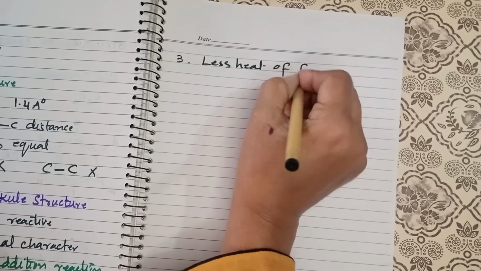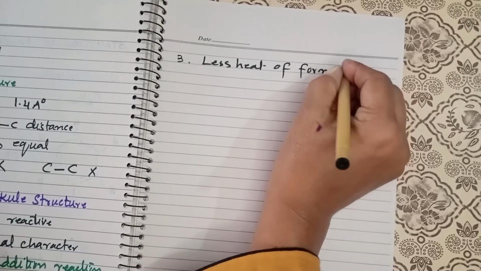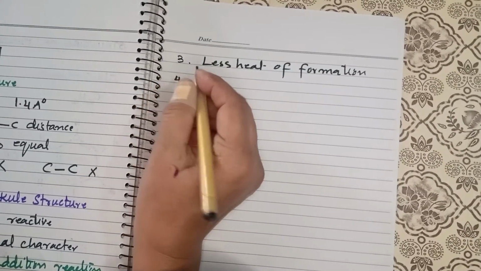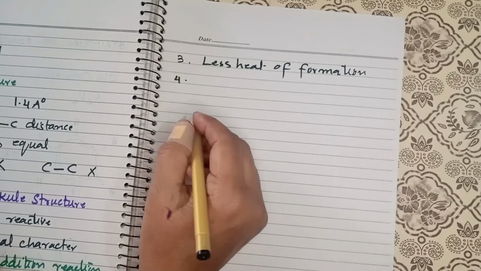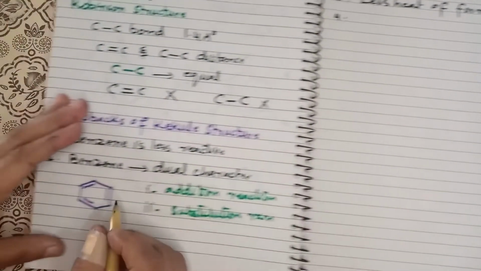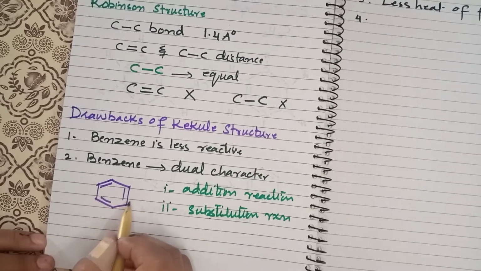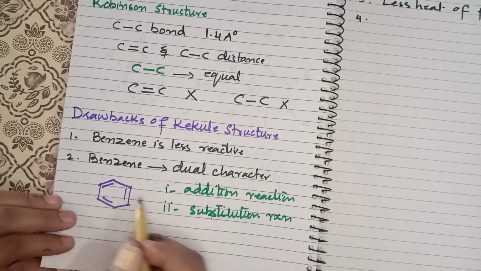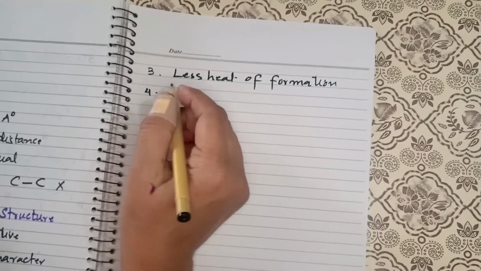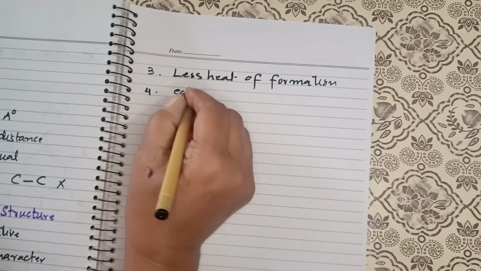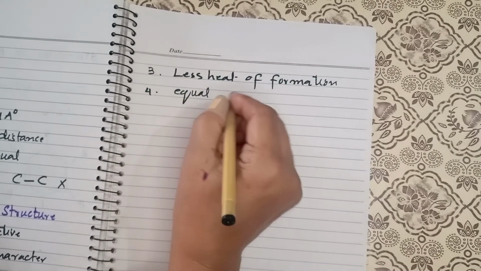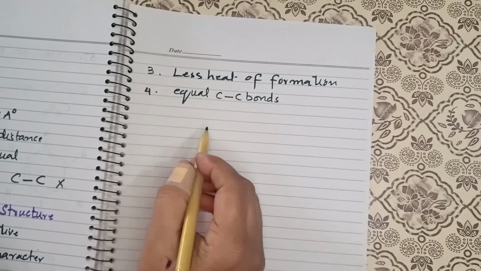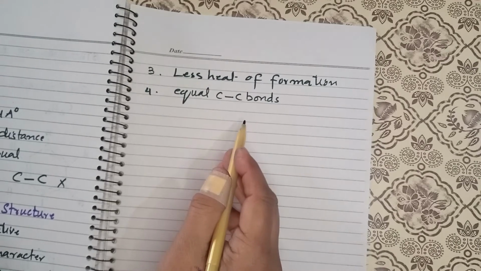And the fourth drawback is that inside the benzene ring we have alternate double and single bonds, but it has equal carbon-carbon bond lengths. Students, these are the drawbacks of Kekule structures.